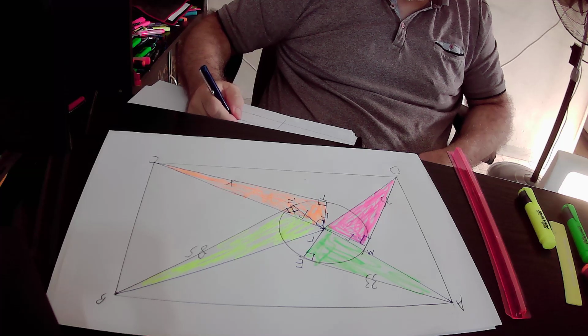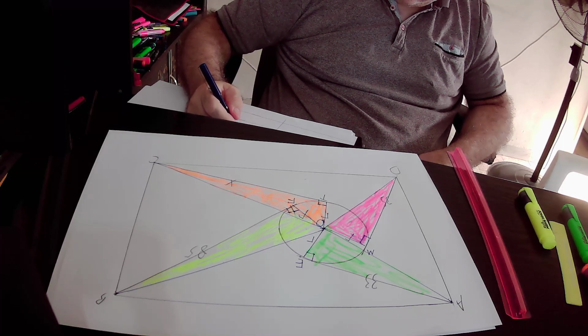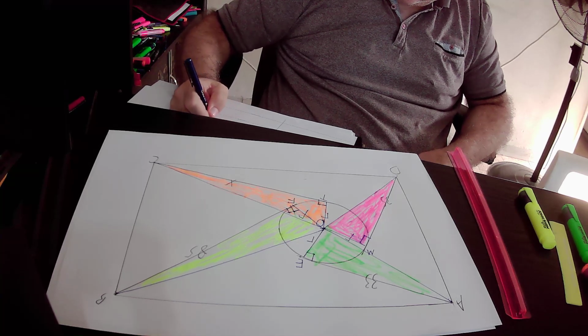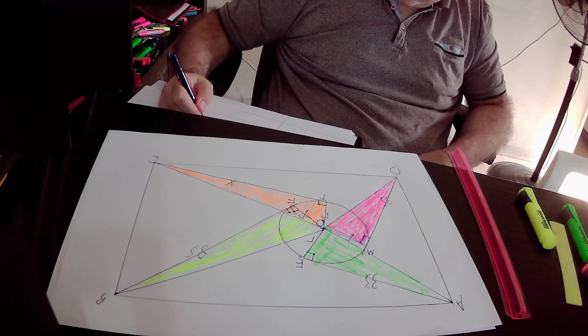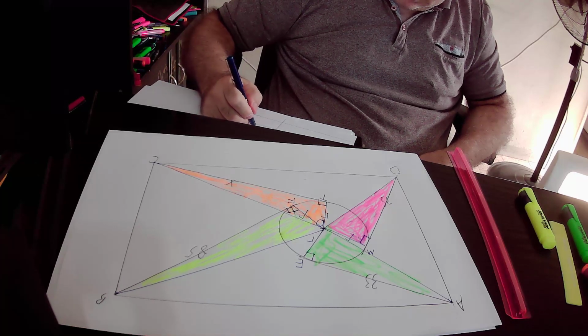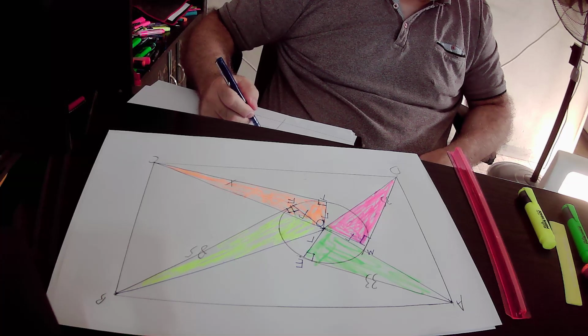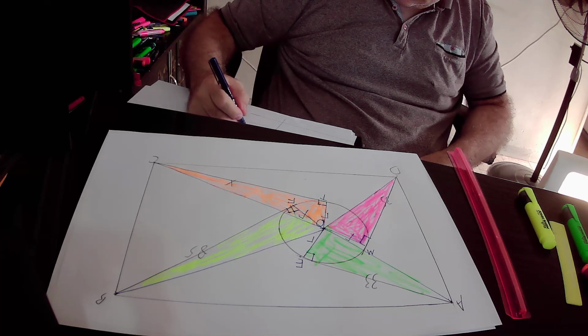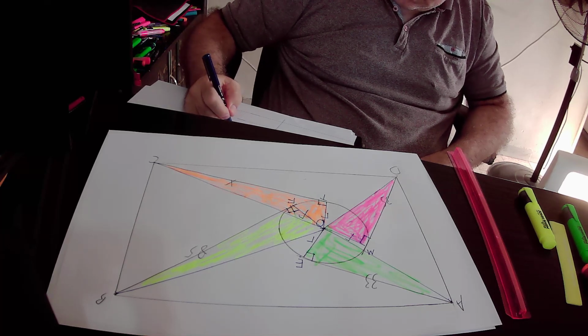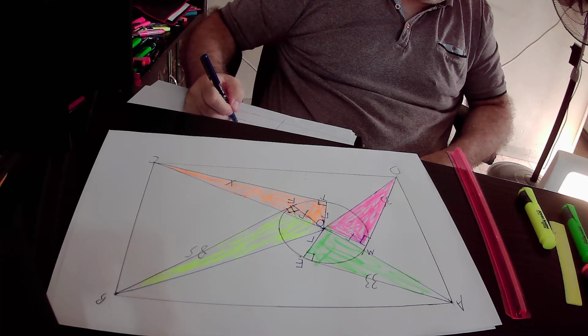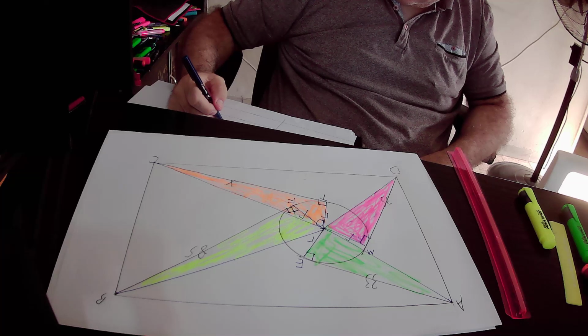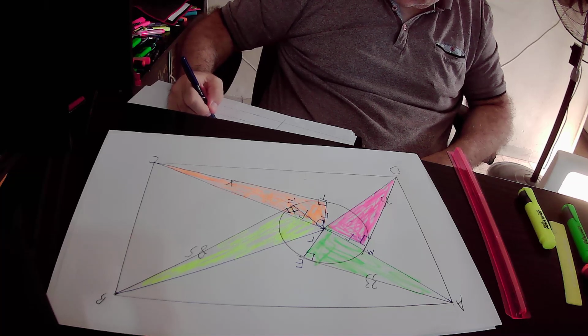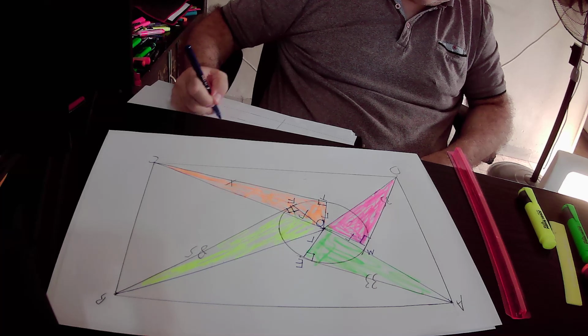In the right pink triangle, triangle OMD, by PT, OD squared equals MD squared plus MO squared.